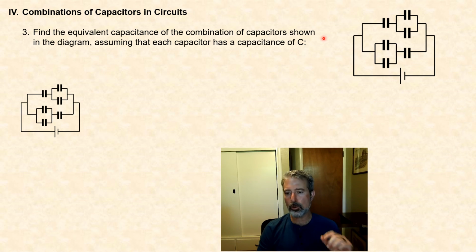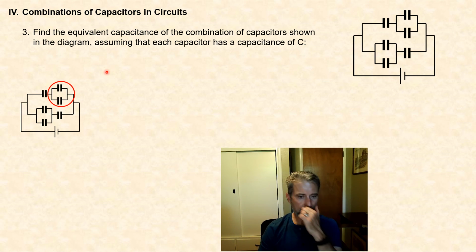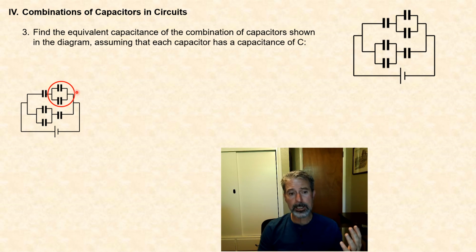Generally speaking, there's more than one way to go about solving these problems. But if you look at this combination, I'm going to start with this branch here. It looks like the innermost, most complicated part. When I look at this, I see that I have 2 capacitors in parallel, and we're going to reduce this bit by bit.